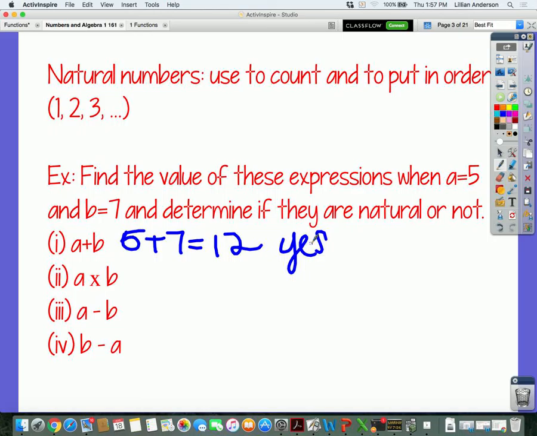Now this x. Let's take a pause. Let's talk about this x. What does this mean? Multiplication. And what do you need to know? In the IB program, IB is international, across the water, they don't use that multiplication dot when you're talking about multiplication. That dot actually represents something completely different than just regular 5 times 7.